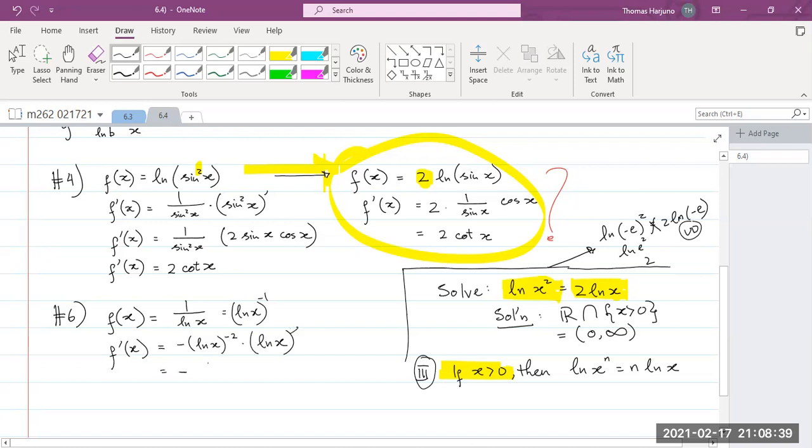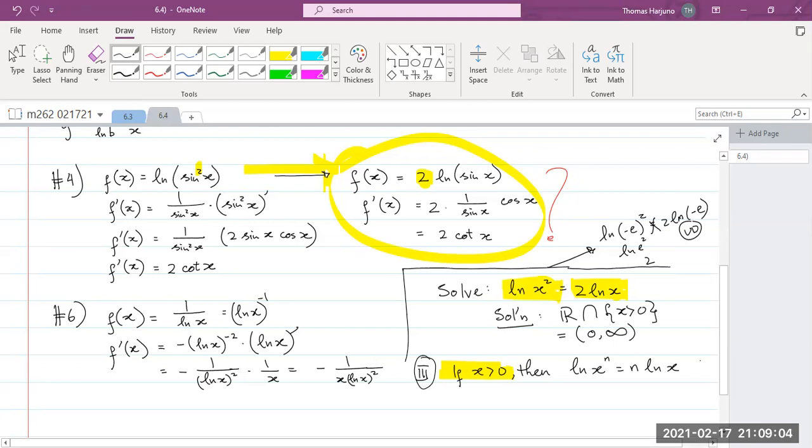This is negative 1 over natural log of x squared times 1 over x. So that's negative 1 over x times natural log of x squared. That's for number 6.